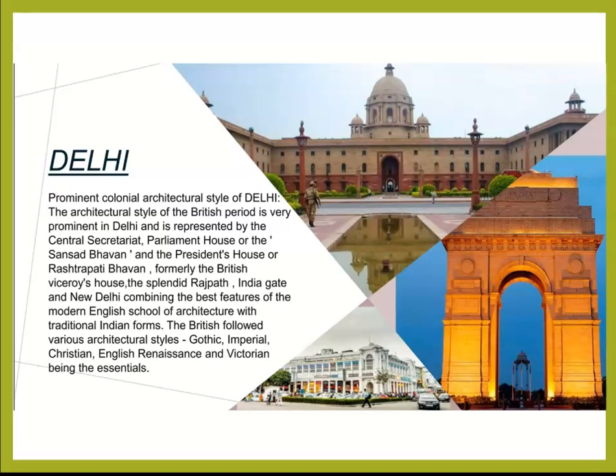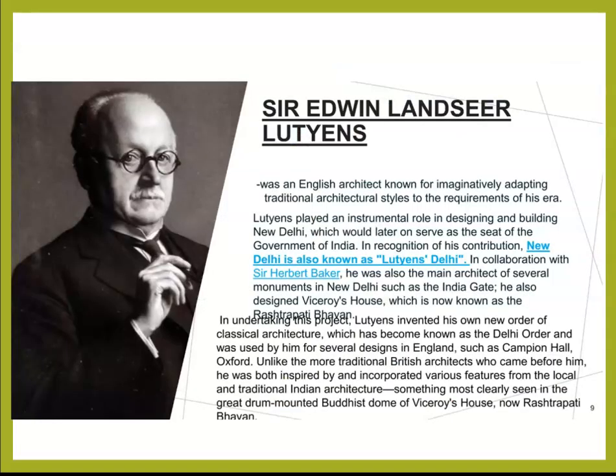The British followed various architectural styles like Gothic, Imperial, Christian, English Renaissance, and Victorian, which are the chief styles followed in the design of Delhi. The master, Sir Edwin Landseer Lutyens, is the key figure in the design of Delhi.